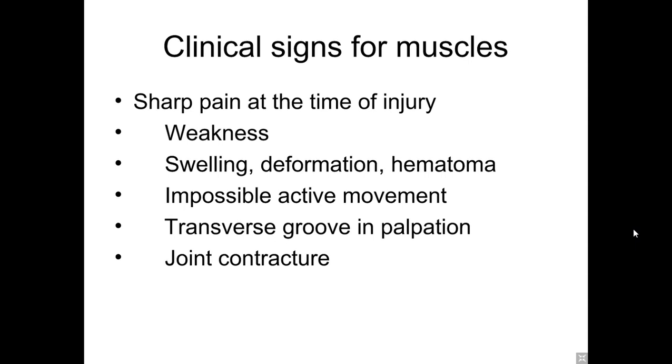Clinical signs of muscle injury. Usually, the clinical picture is presented by sharp pain at the time of injury, weakness, swelling, deformation, and hardening of the region, which is a consequence of hematoma or muscular spasm.